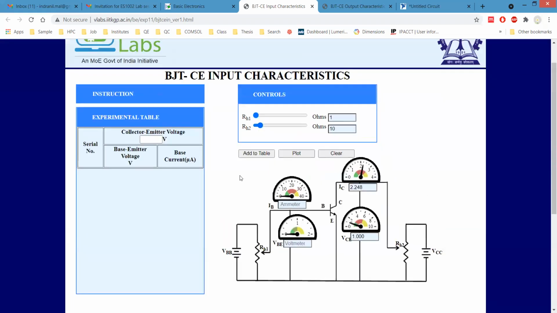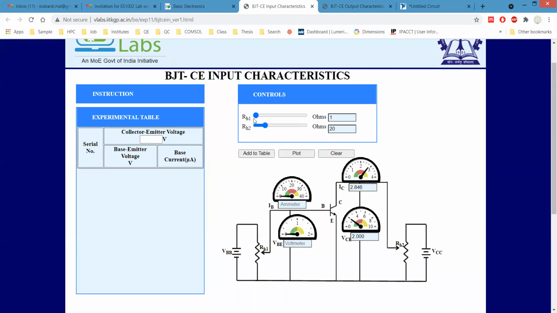Okay, now what we'll do, we will have a different set of data for a VCE value of, let's say, 2.5 volt. Okay, that was 1.1 volt, so let's consider it as 2 volt, or 2.1 volt. Okay, it is 2 volt. Good.